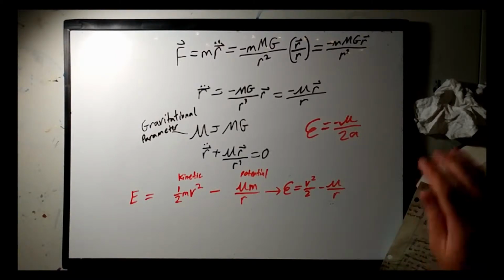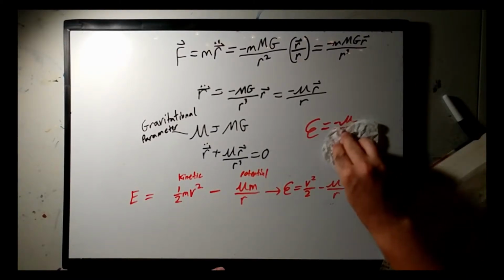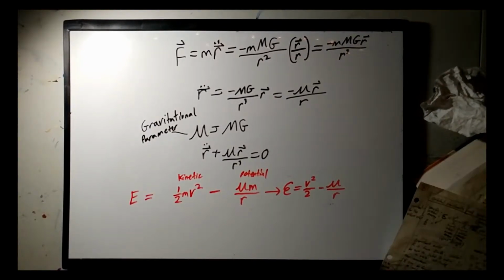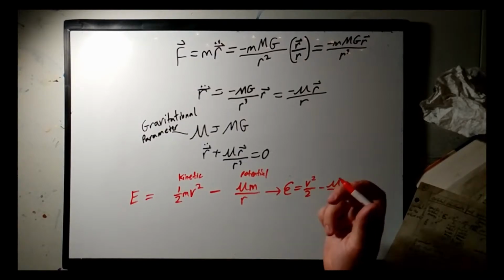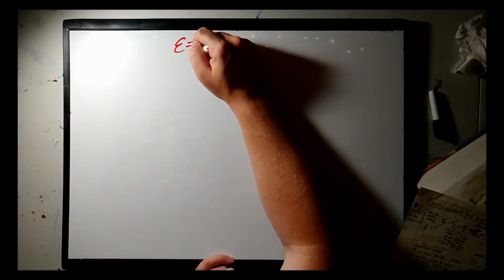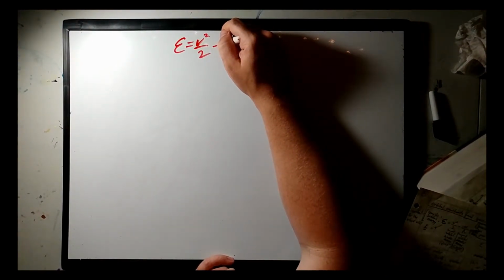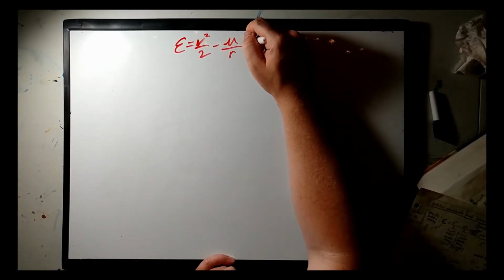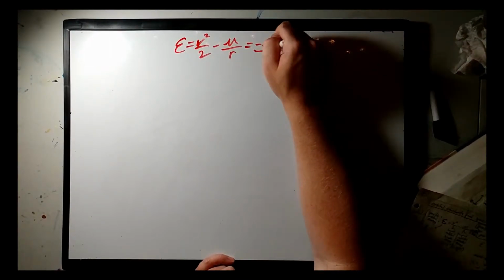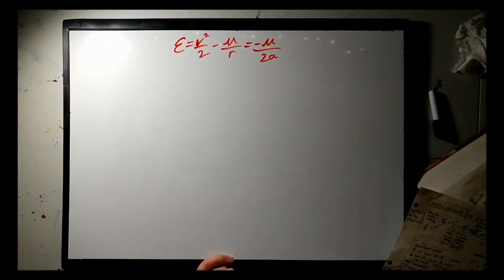And I'm just going to write out how you can find your velocity at any point in the orbit, assuming you know the energy. V squared over 2 minus mu over r equal to negative mu over 2a, where a is our semi-major axis.